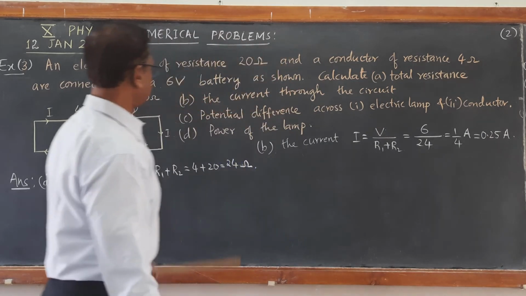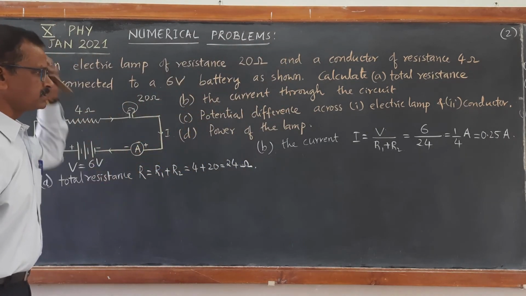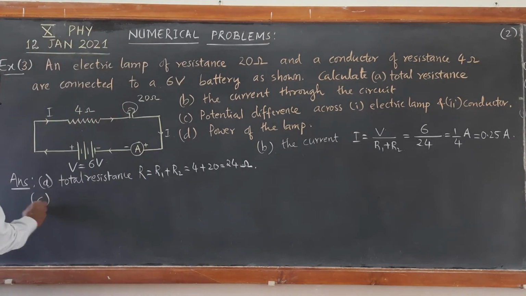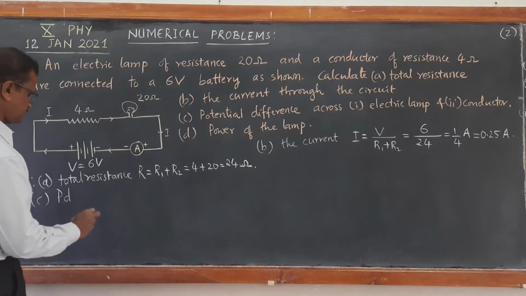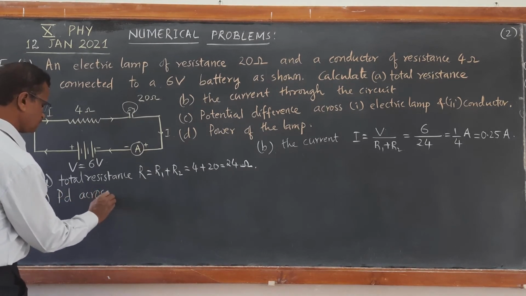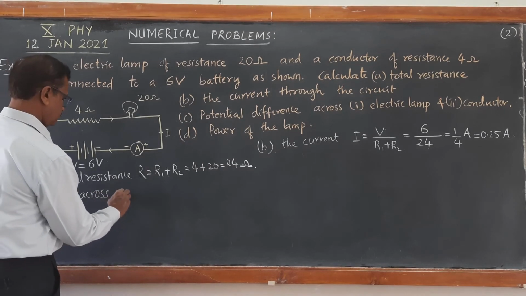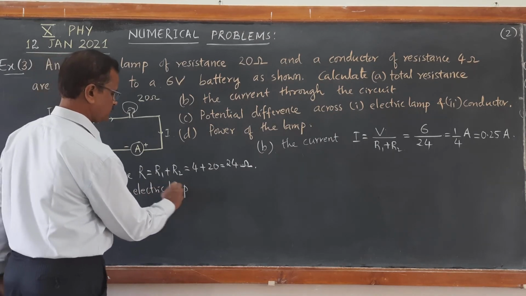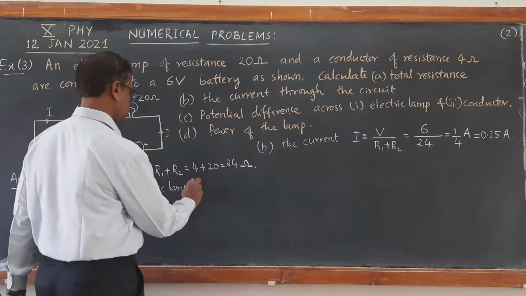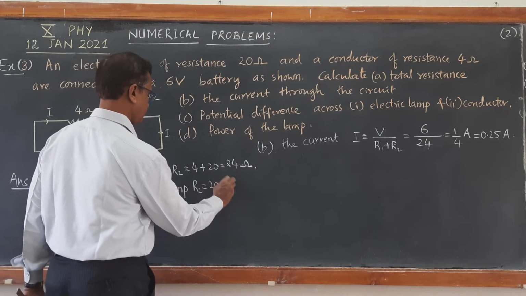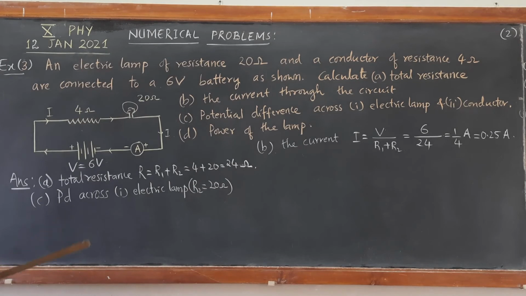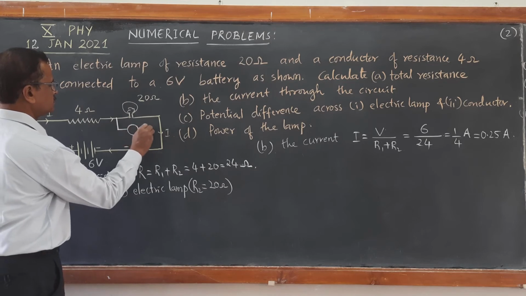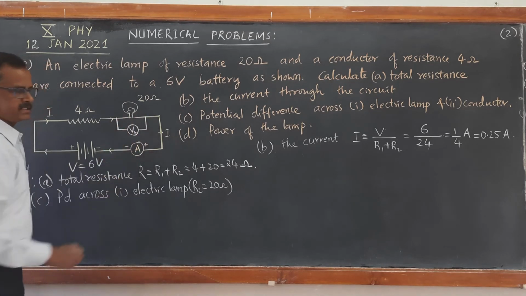Now what is the potential difference? Third one is the potential difference across the electric lamp. I will write potential difference as PD. The electric lamp is of resistance R2 equal to 20 ohm. So for the potential difference across this one, let me suppose a voltmeter here. It will read V2.